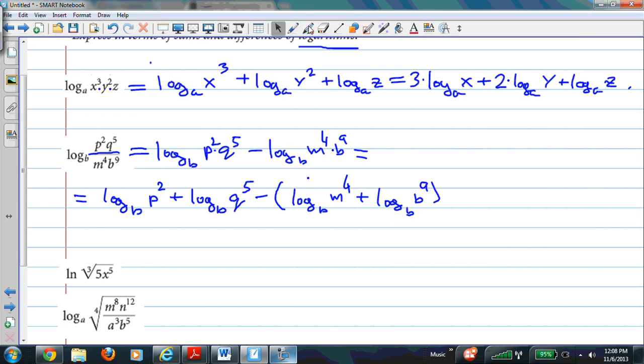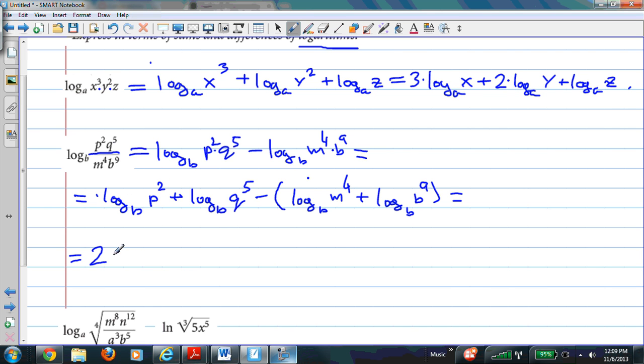So you can actually take this as a rule that everything in the numerator will have a plus, and everything in the denominator will end up with a minus, because when I distribute the negative, both logs will have a minus in front. But again, I can take this further. I can bring the exponents down using the power rule. So the first log, 2 comes down, leaves us with log base b of p plus, here we have a power 5, 5 can come down, so that's 5 times log base b of q.